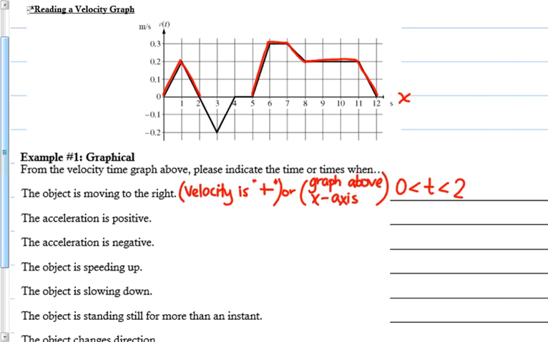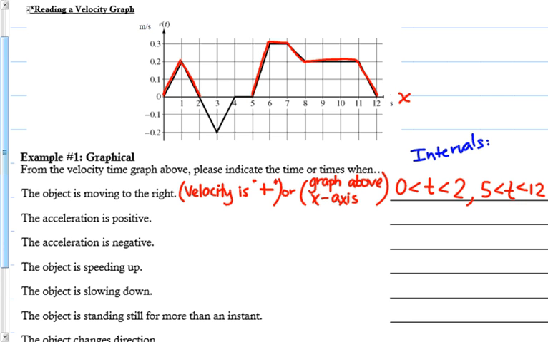But then I would also say from 5 to 12. Oops, forgot my less than. Okay, these are intervals. All of my answers except for one are going to be intervals.